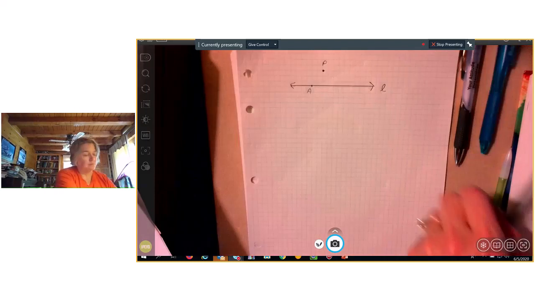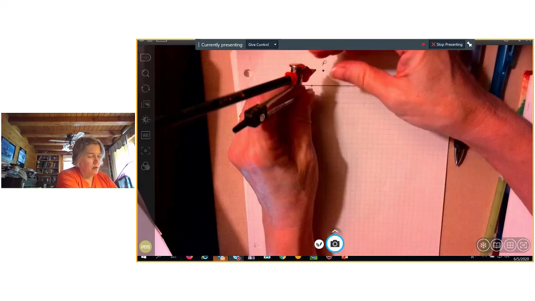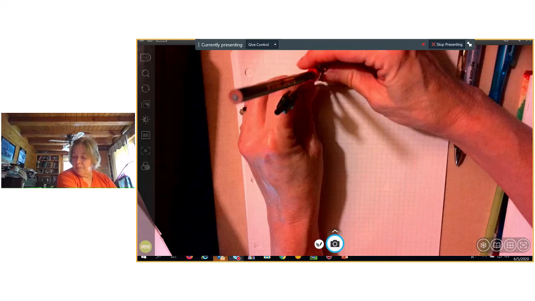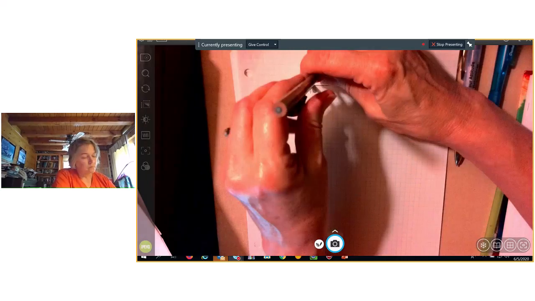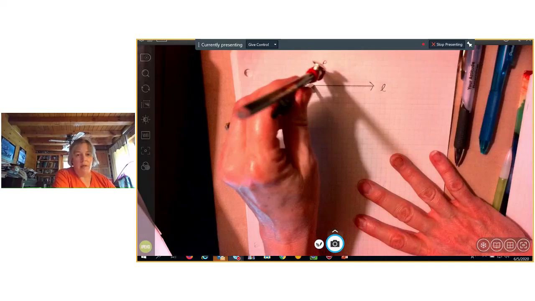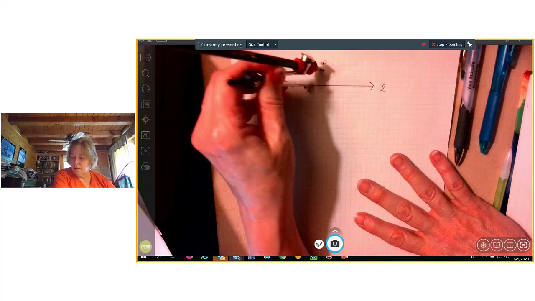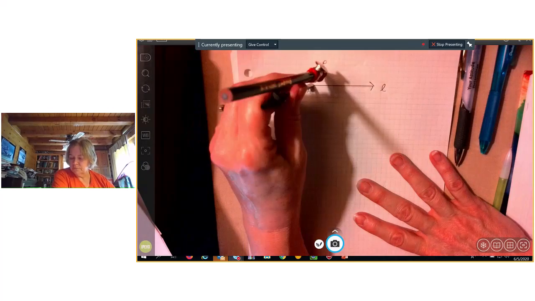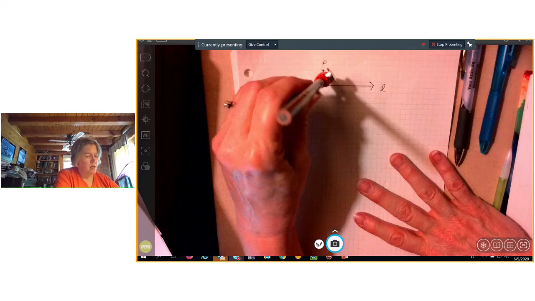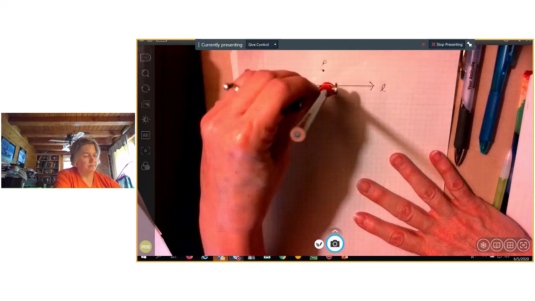And then from point A, I'm going to measure to point P, and I'm going to draw an arc.